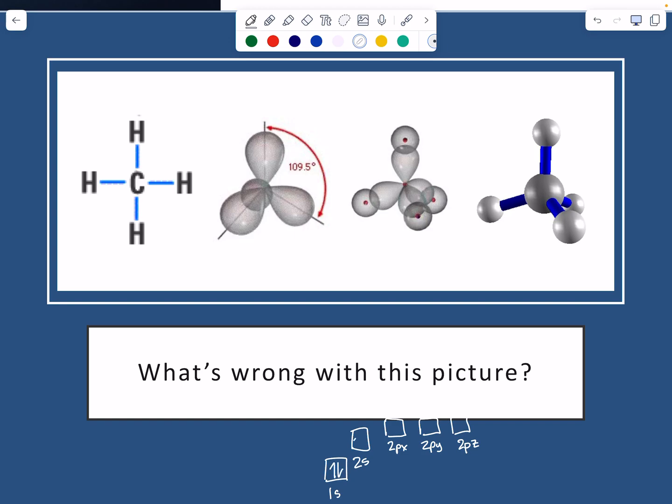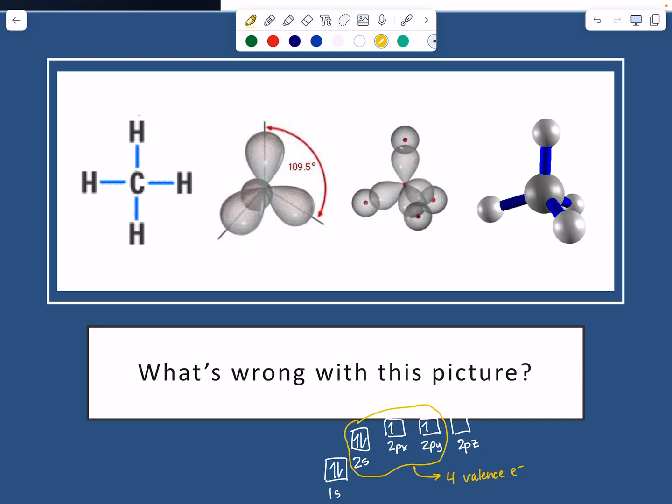So 1, 2, 3, 4, 5, and 6. All right, but carbon has how many valence electrons? 4, right? So we've got 4 valence electrons. 2 of them are paired, and 2 of them aren't.